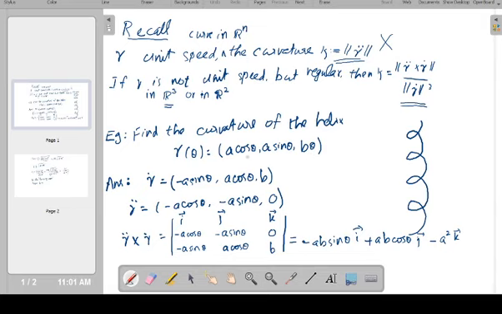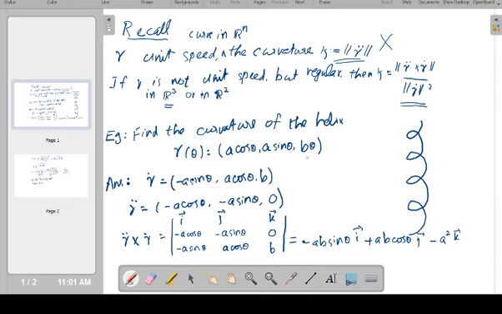That means it is a circle in the xy plane. This helix reduces to a circle. So b measures the height in which the particle goes up or down, because that is the z coordinate.